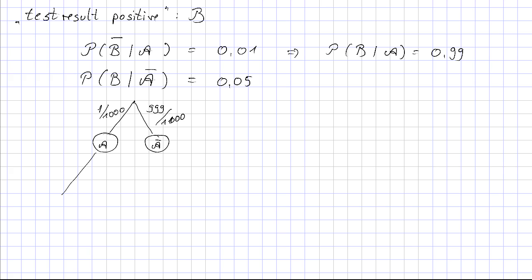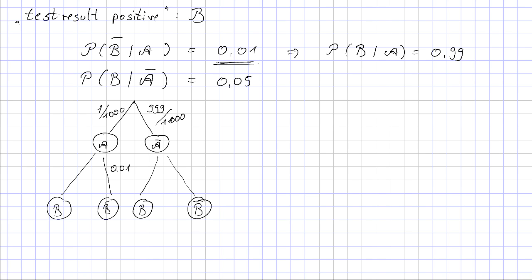And then we have here the two cases, positive and negative result. Okay, so we know this is 0.01. That's what we have written here. We also know that this then is 0.99. And we know that this is 0.05, and then this is, of course, this result.